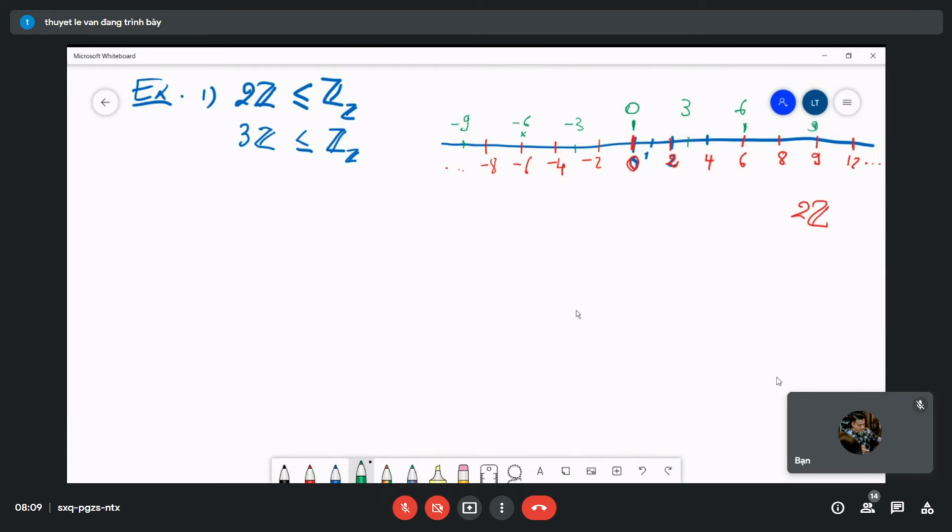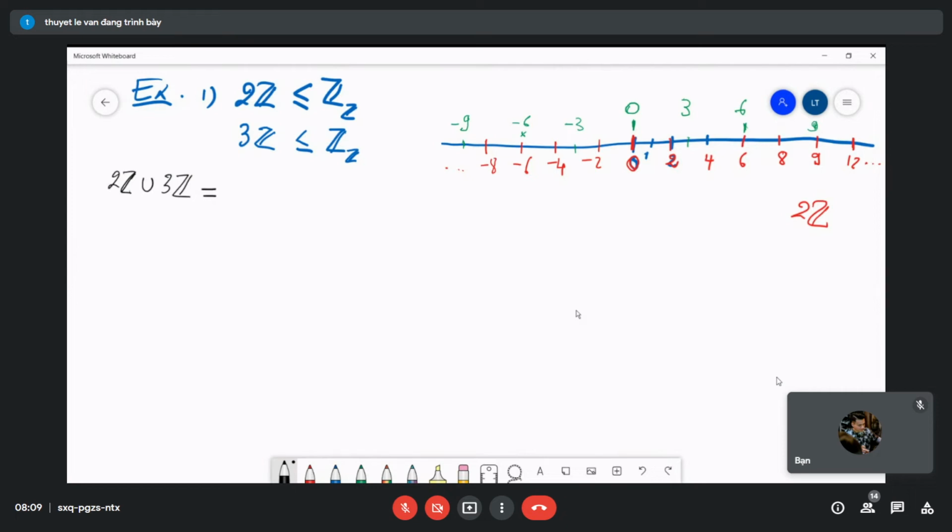So now you take 2Z union with 3Z. That is 2Z union with 3Z.